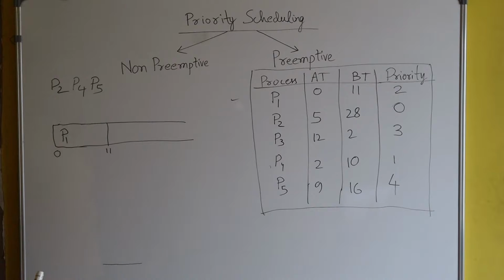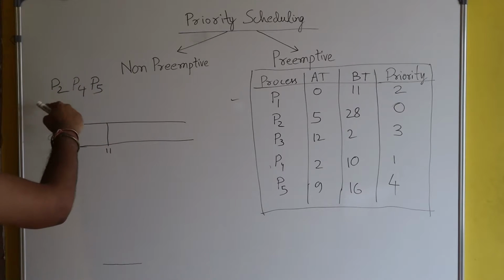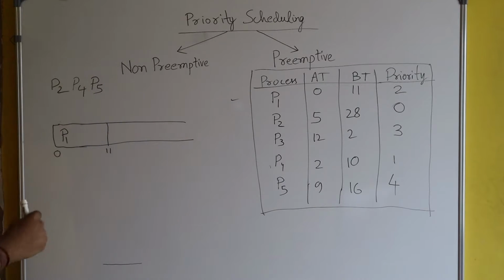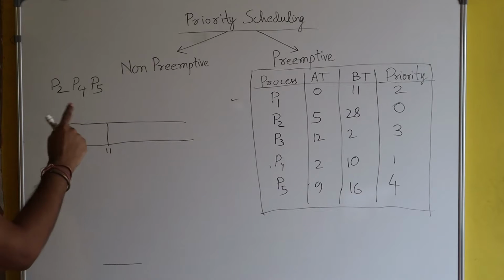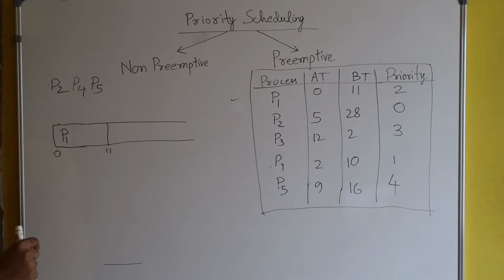Now among these processes which are available, which process will be given the CPU? Here we will see the priority of the process. On the basis of the priority, CPU will be given.